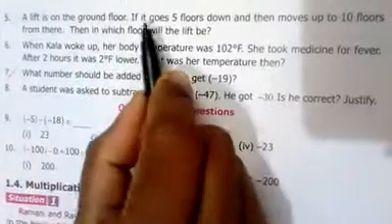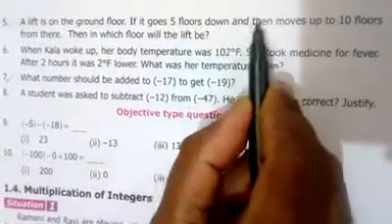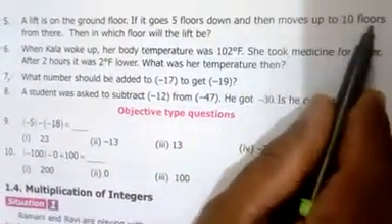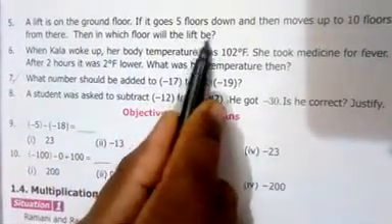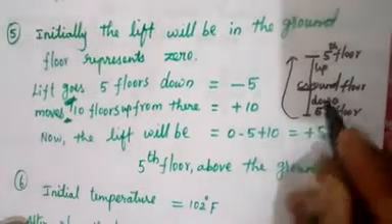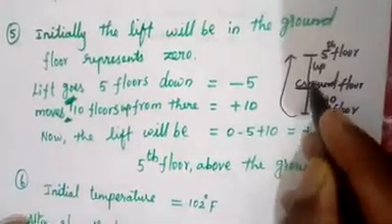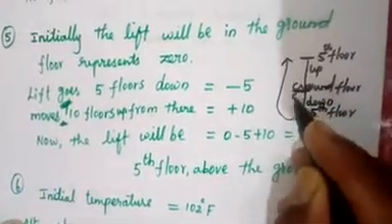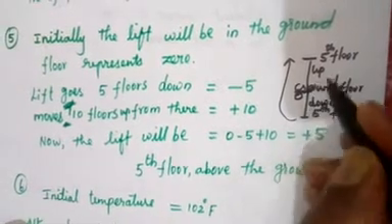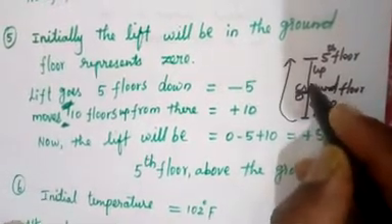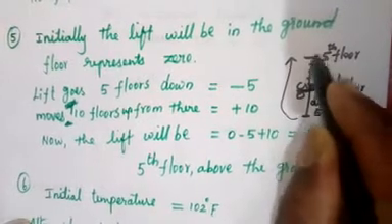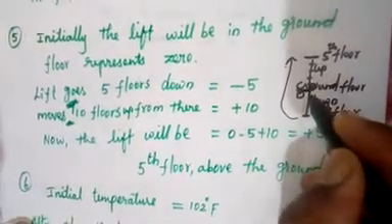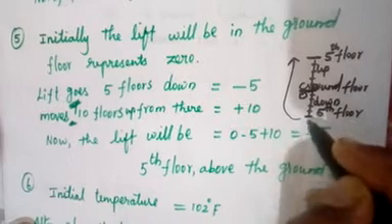Now the fifth problem. A lift is on the ground floor. If it goes 5 floors down and then moves up 10 floors from there, on which floor will the lift be? Given, first the lift is on the ground floor, initially 0. Towards up is 5 floors, 1 2 3 4 5. Downwards 5 floors, 1 2 3 4 5.